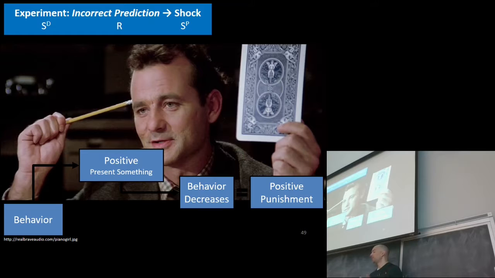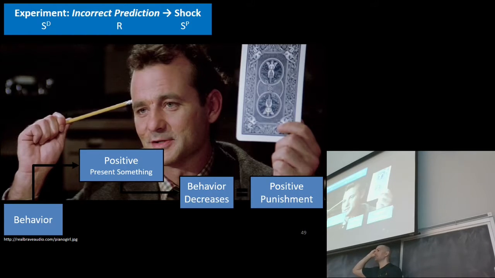So shock is something that is oftentimes used as a punisher, because shock is almost universally unpleasant to most organisms, right? However, it's not always unpleasant. There were actually experiments done where rats were implanted with electrodes that stimulated the pleasure centers in their brains every single time they pressed the bar, right?